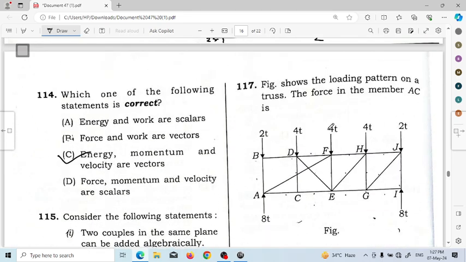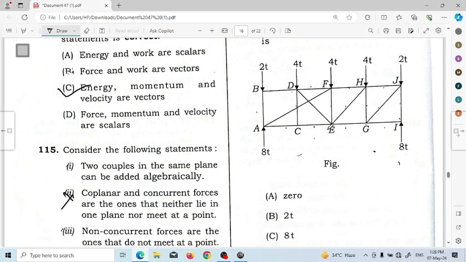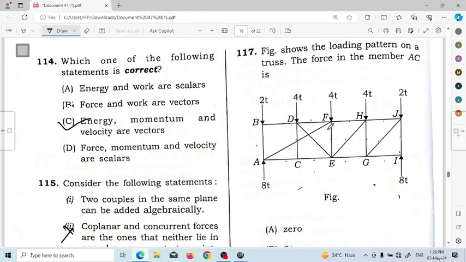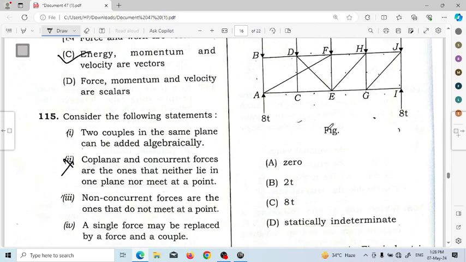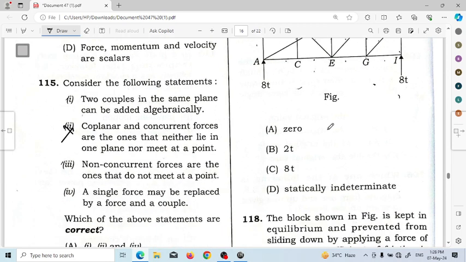Next, question number 117. The figures show the loading pattern on the truss. Find the force in member SC. The answer will be 0.